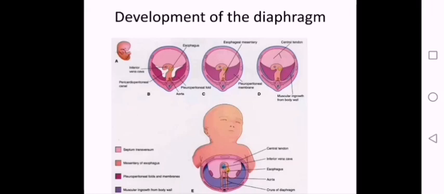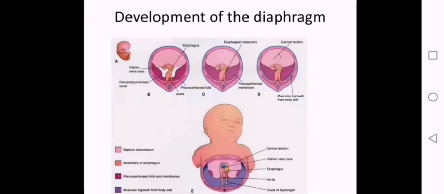As the head folds ventrally during the folding of the embryo, when there is a cranial fold, this septum transversum forms an incomplete partition between the pericardial and the abdominal cavity. As I mentioned, it separates the heart from the liver, so it divides the abdominal cavity from the pericardial cavity, but incompletely.